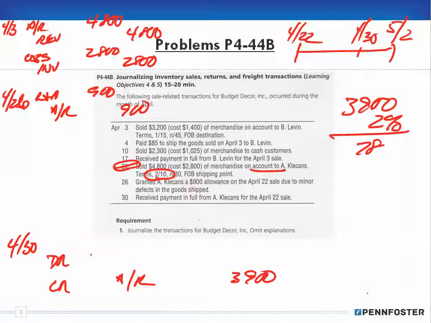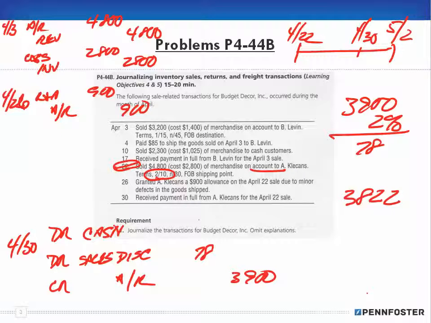So I'm debiting sales discount for $78, and of course the difference between the two ends up being $3,822. So all I have to do is debit cash for $3,822.